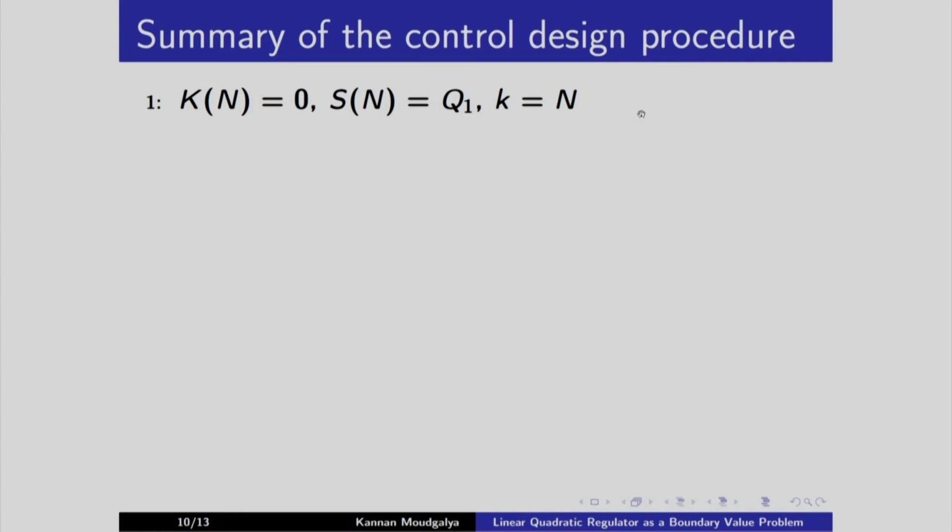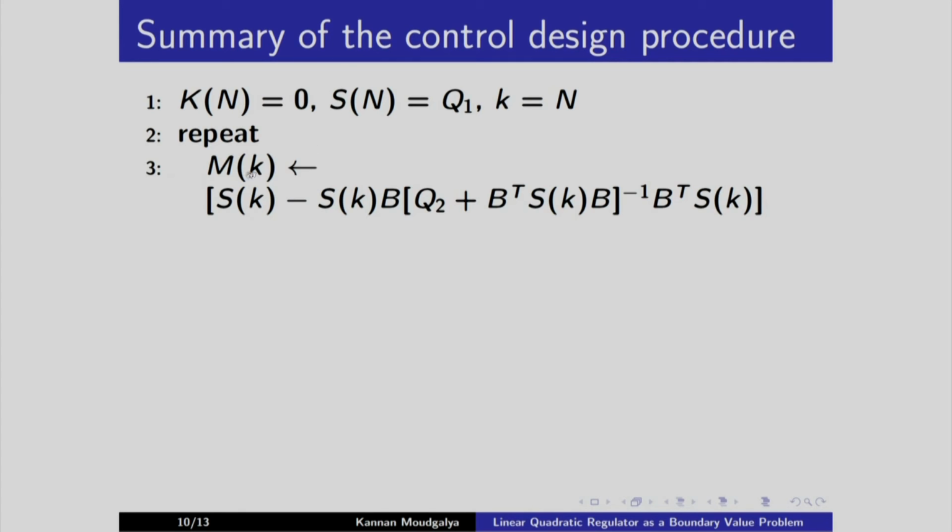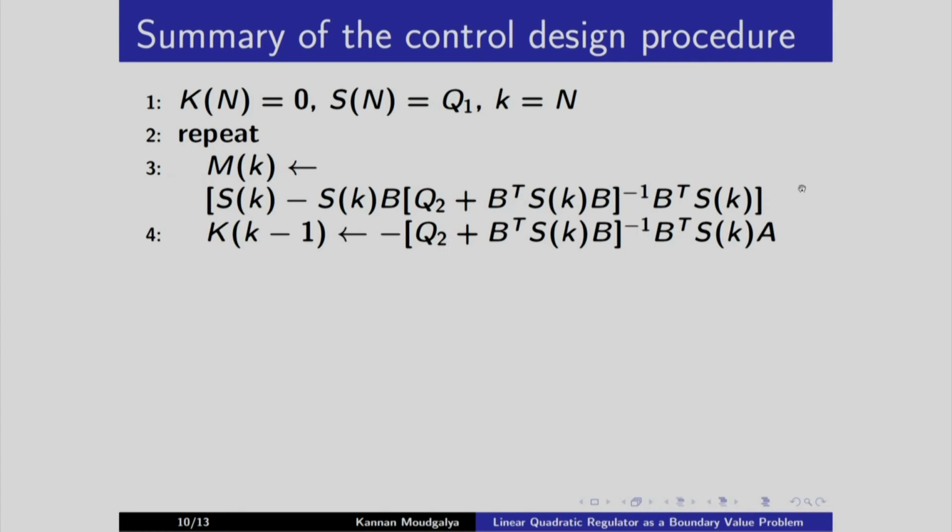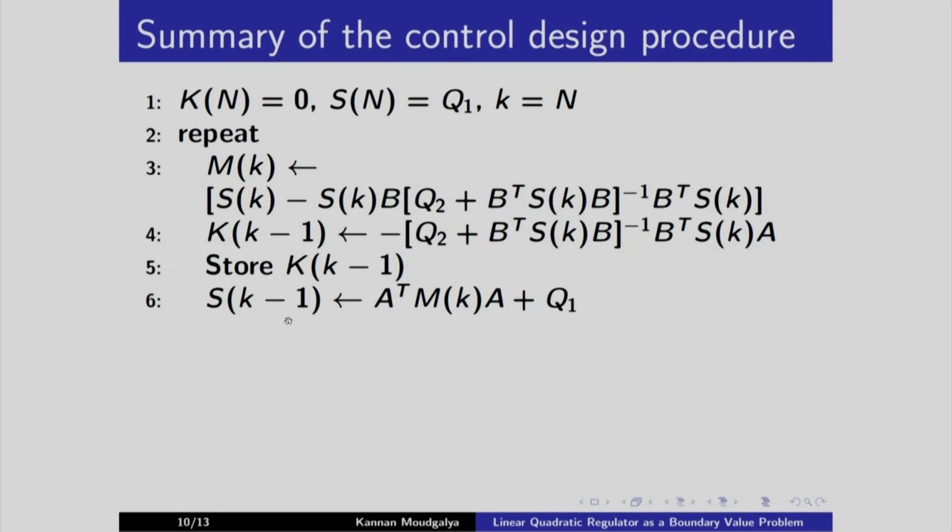So this is the boundary condition, and recall Mk was this expression, and then we had the expression for the control law, capital K. We will store this control law, and then S of k minus 1 is obtained from here, and then k is reduced by 1, and this loop is repeated until k becomes 1.